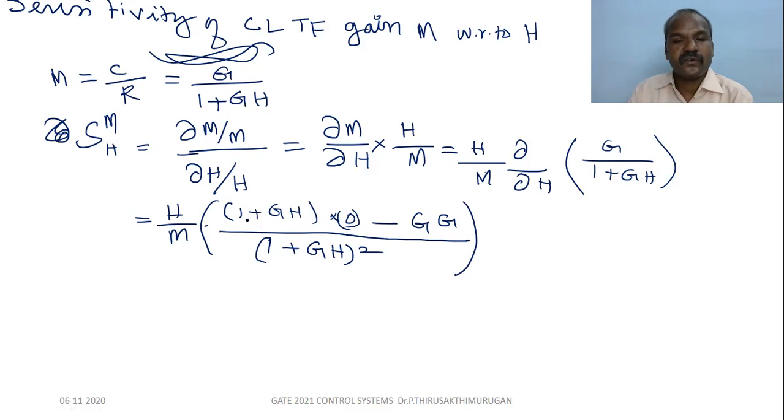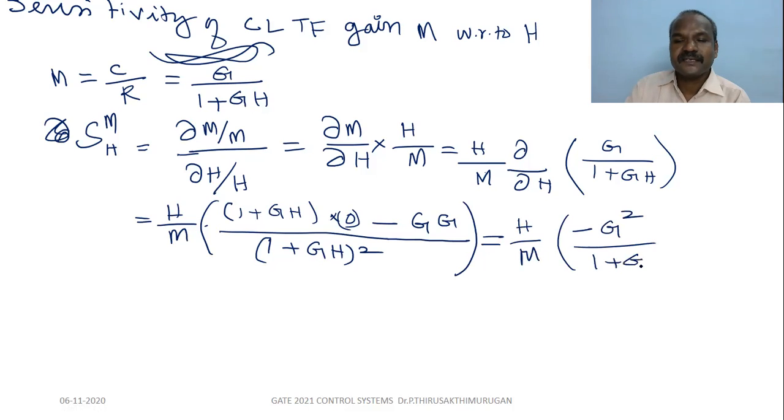So we get H by M of minus G square divided by 1 plus GH whole square.